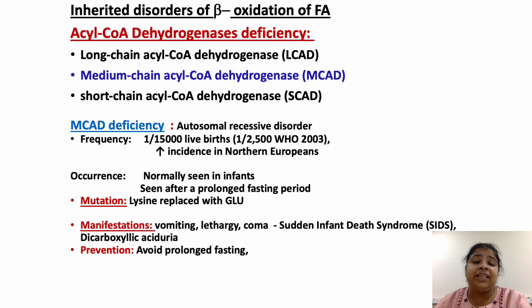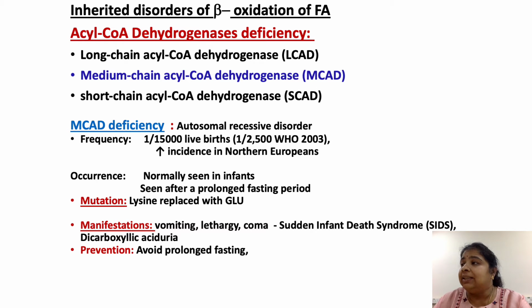Manifestations will be vomiting, lethargy, coma, and this is one of the causes of sudden infant death syndrome. Sudden infant death syndrome is an umbrella of disorders in which there is crib death happening to children.